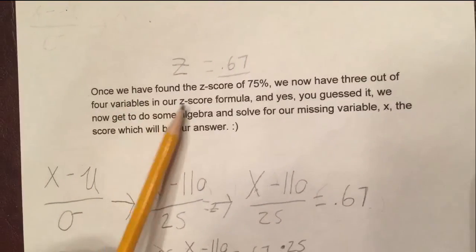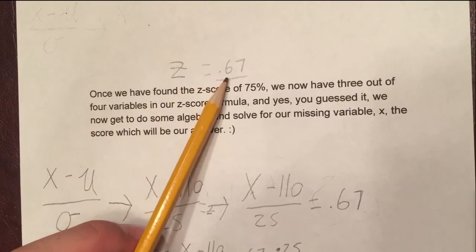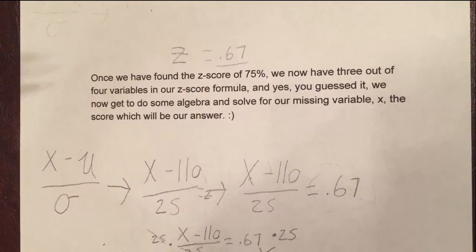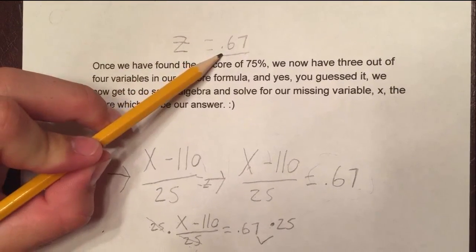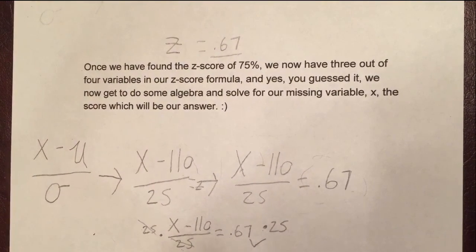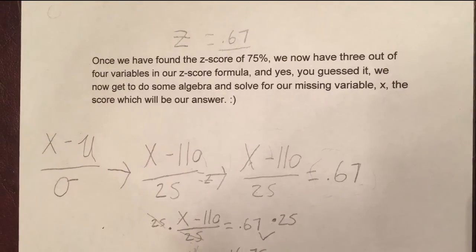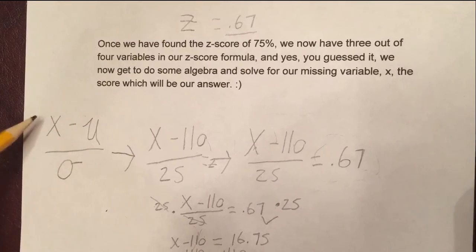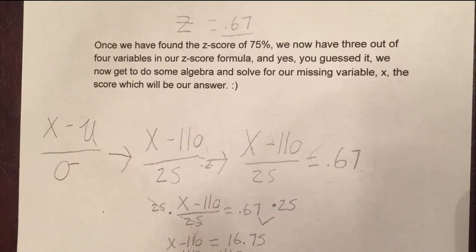So now once we have found the z-score, which is our 0.67, we now have 3 out of our 4 variables in our z-score formula. We have our z value and our 2 others that we started with in our original problem. So, like always, we write our formula out, and this obviously equals z.